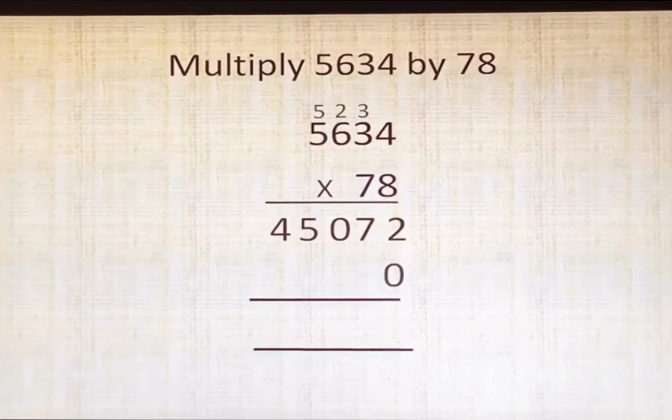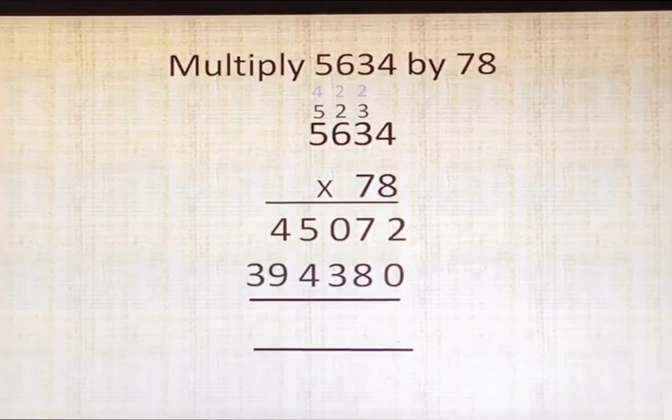First of all we will multiply 7 by 4. So 7 4s are 28, 8 will be written here and 2 will go on the top. 7 3s are 21, 21 plus 2 is 23, 3 will be written here and 2 will be going on the top. 7 6s are 42, 42 plus 2 is 44 and 4 will be there on the top.